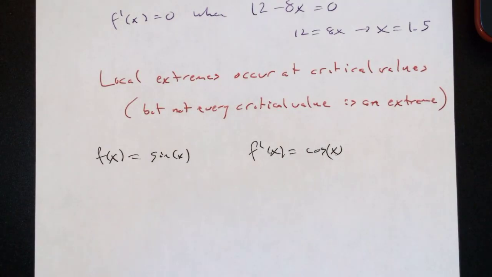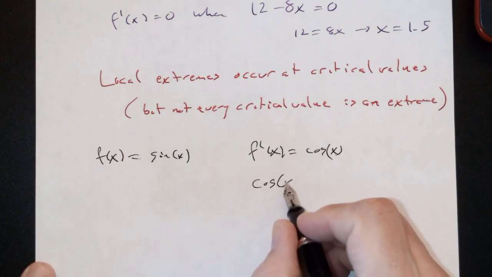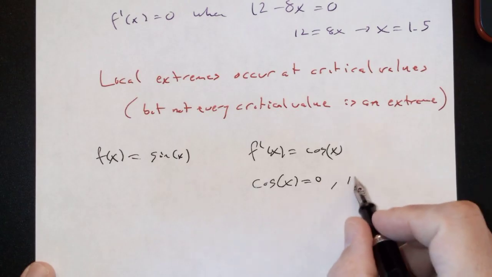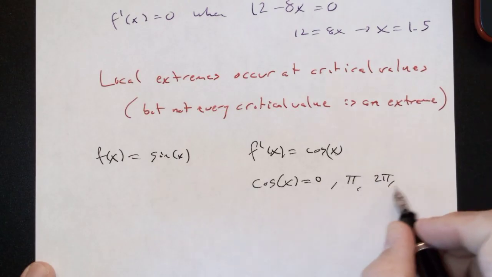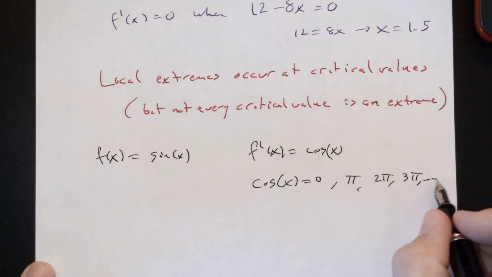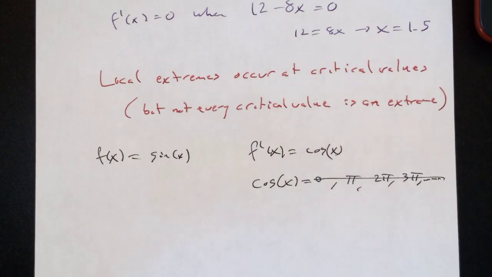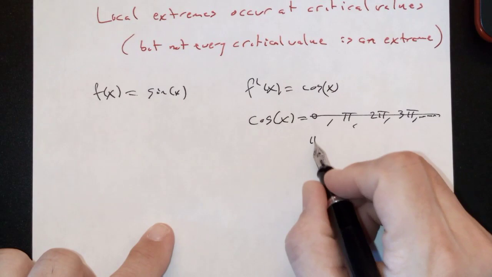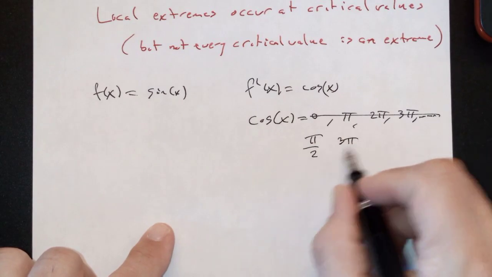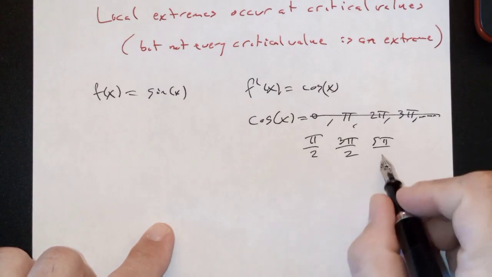Where is cosine equal to 0? No. Cosine is not 0 there. What's cosine of 0? 1. Yes, because I was listening.